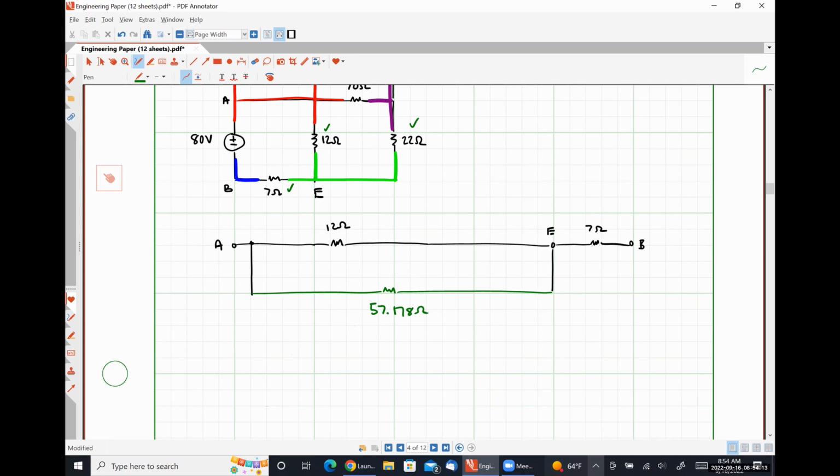Now I see that the 12 ohm resistor and the 57.178 ohm resistor are in parallel, so I can combine them. Which looks like 9.918 to me, if I've done the math correctly.